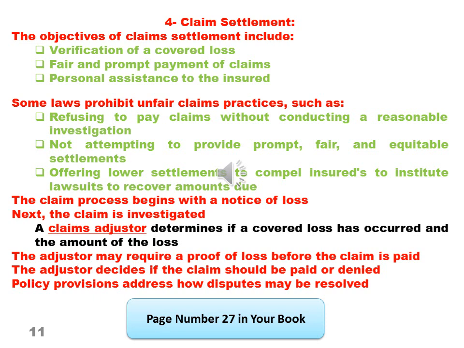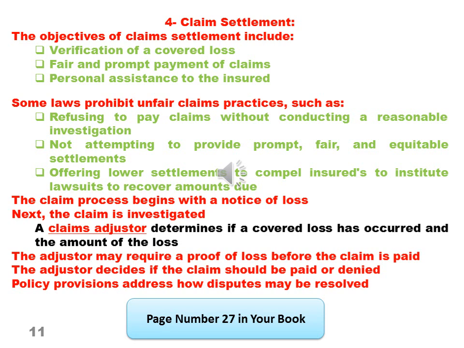Claims means the money that must be paid by the insurance company, or the insurer, to the insured person after a loss occurs. So a claim is money paid by the insurance company, but premium is money paid by the insured person.